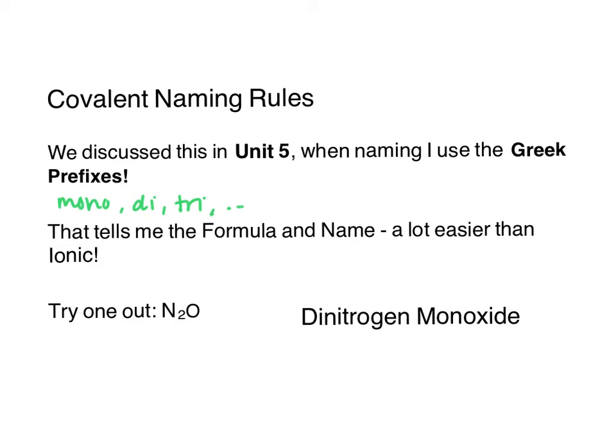This will give you the ability to go from a name to a formula, because if I give you N2O, you're able to say, well, my prefix has to be di because I have 2 N's here, and then I do nitrogen, and because I only have 1 oxygen, I'm going to put mono in front of my oxide. So that makes it a lot easier, but we did practice this in class, and if you have any questions, please let me know. But naming is not that difficult with this.